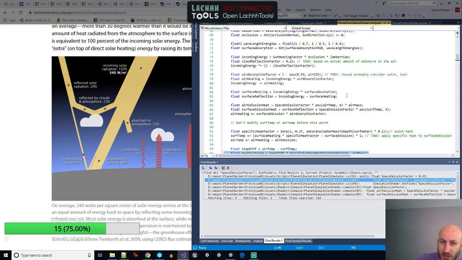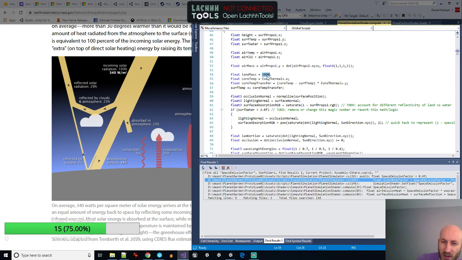This landmass thing is sort of a hacky number that I threw in there, which might cause some problems, so I have to see in the future and figure out something better to do there, because think about all the mass in the Earth's crust, it's a lot, right? But that heating from the sun is first applied just to the first couple feet, or even the first couple inches of the crust, and my simulation isn't so complex that it's simulating every temperature all the way down.